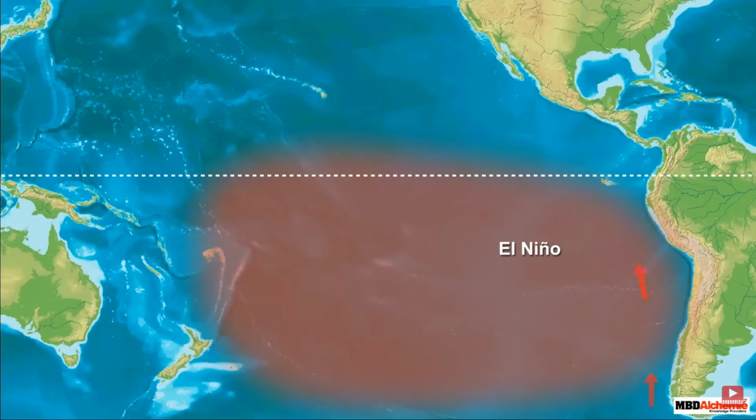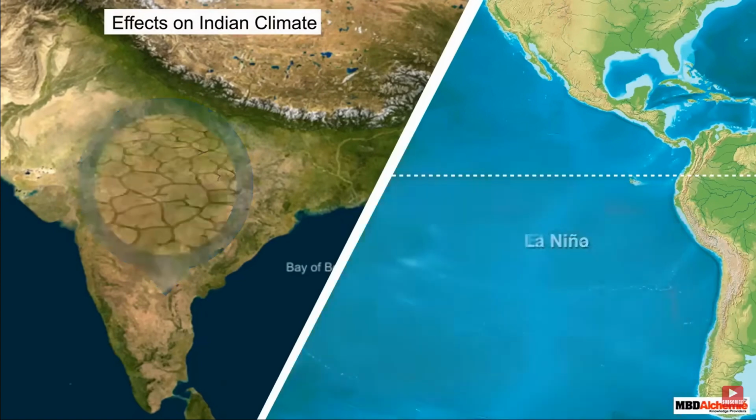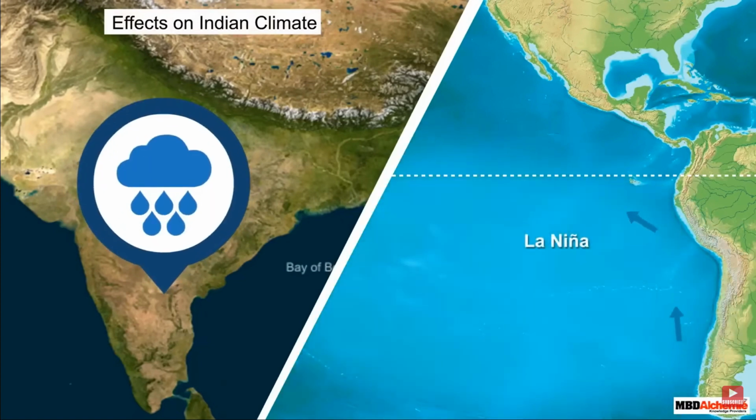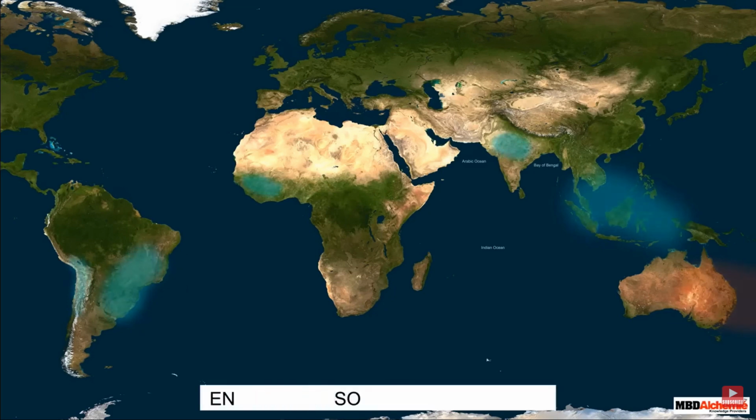El Nino and La Nina are the two opposite ends of the southern oscillation or SO cycle. El Nino is the warm phase of southern oscillation and La Nina is the cold phase. These deviations from normal surface temperatures can have large-scale impacts not only on ocean processes but also on global weather and climate. This climatic event is also known as ENSO. El means El Nino and SO means southern oscillation.